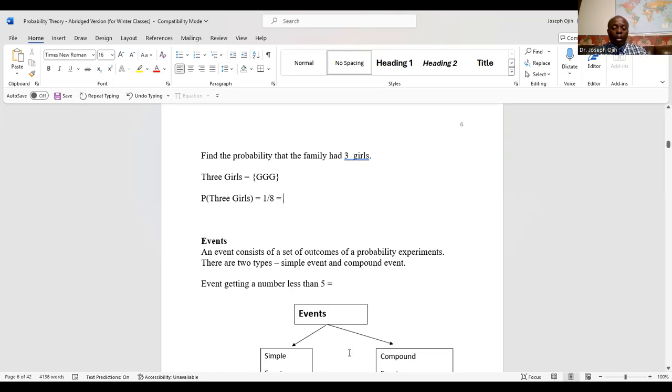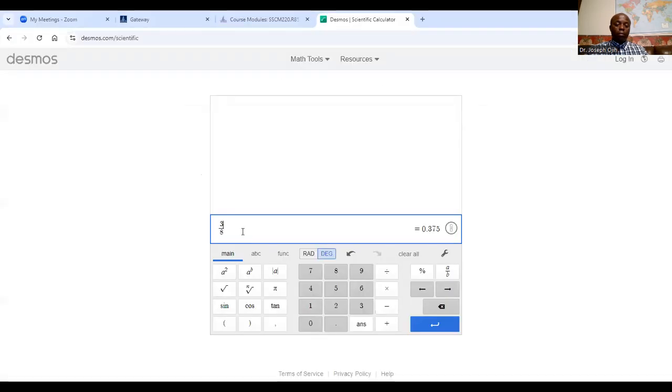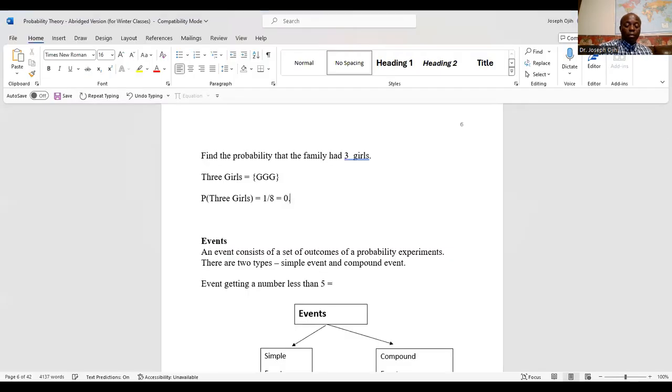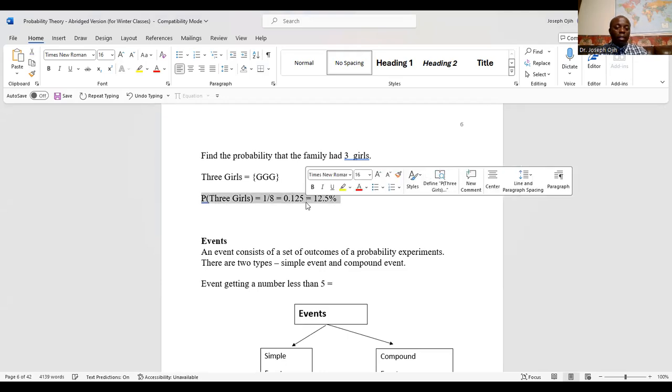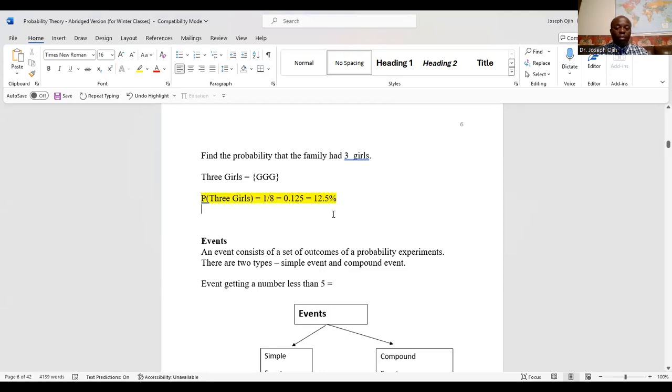We can go to our calculator and put that in. 1 divided by 8 is 0.125. If you like, you can call it 12.5%. So the probability that the couple has 3 girls is 12.5%.